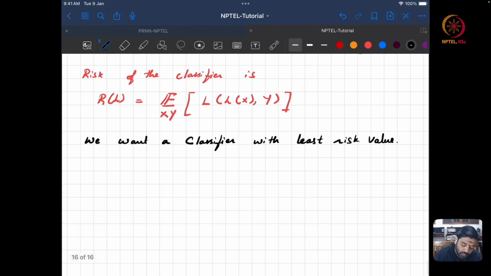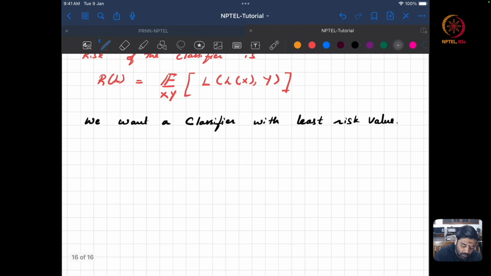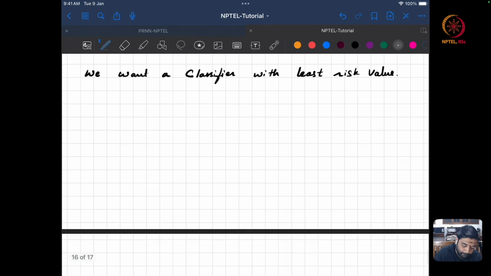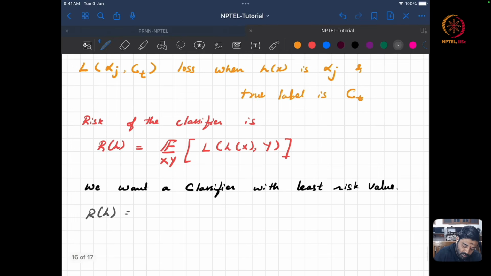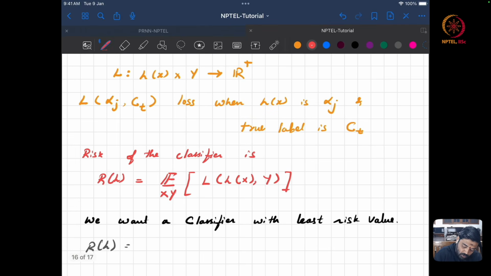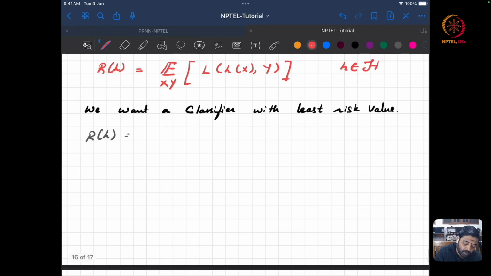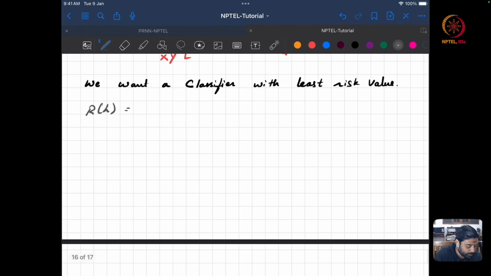Okay, so now let's look at this. We know the risk for any hypothesis function. Let's make one more thing here to be more specific. Let's say that we have a class of hypothesis functions for which h belongs to it, just to make it complete.